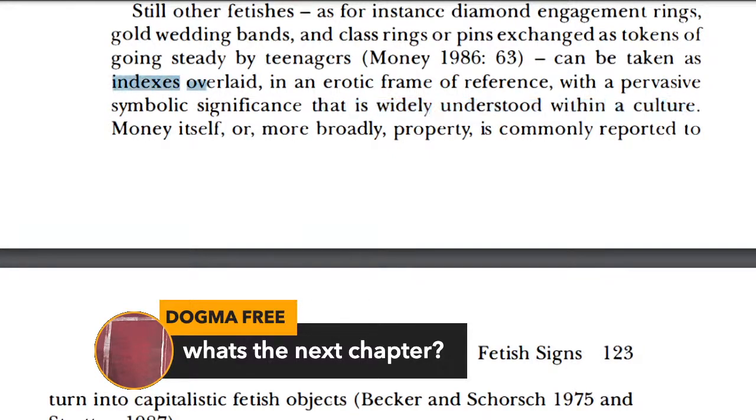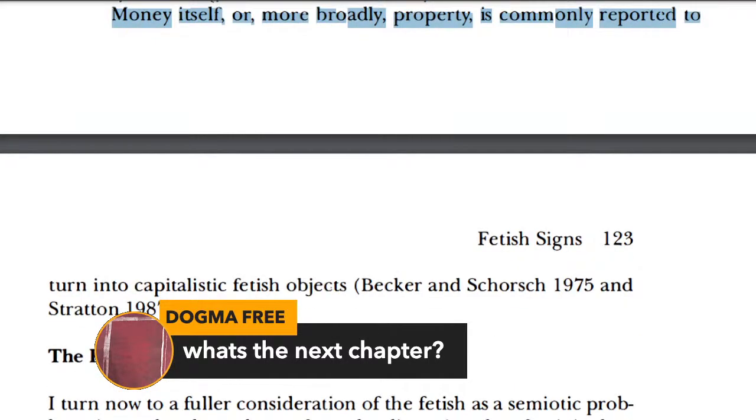They're indexes; that ring points to something else. Money itself, or more broadly, property, is commonly reported to turn into capitalistic fetish objects.